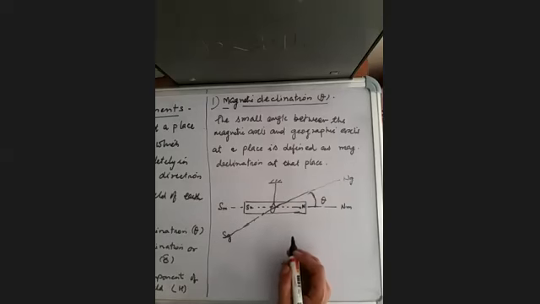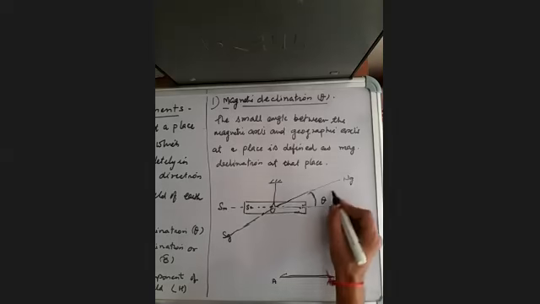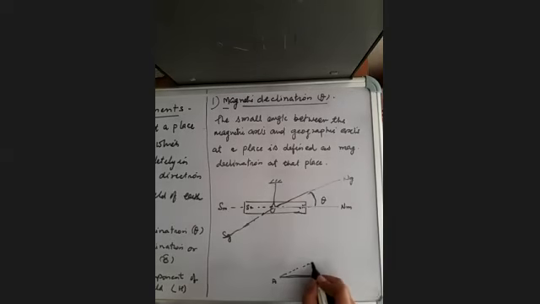Now we can understand the same thing in terms of the magnetic meridian as well. So let us say consider this is the magnetic axis and this is the geographic axis. So I'll draw it here. Suppose this is point A and this is point B. So AB is your magnetic axis, and along it we shall draw the direction of the geographic axis, say AB dash.